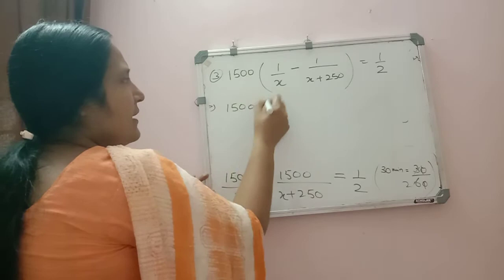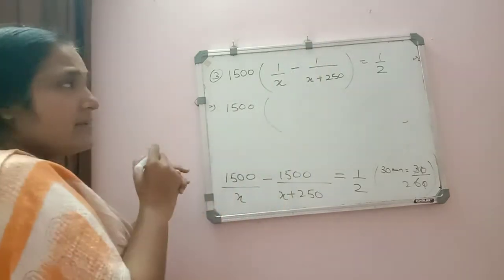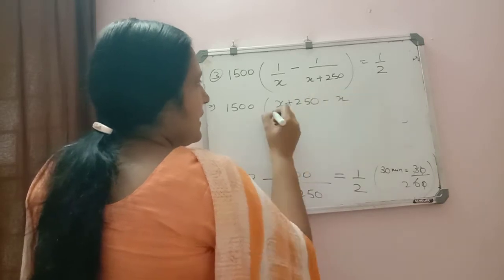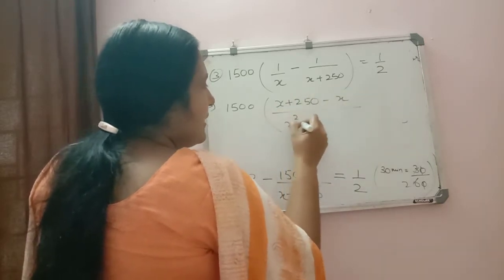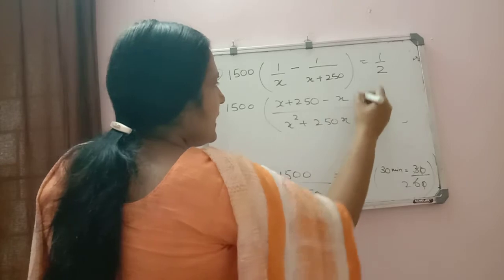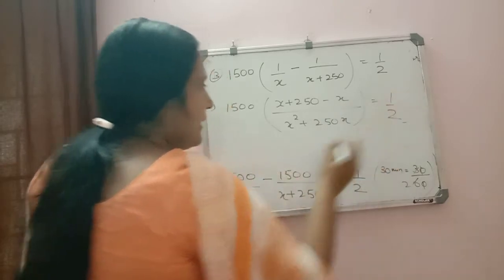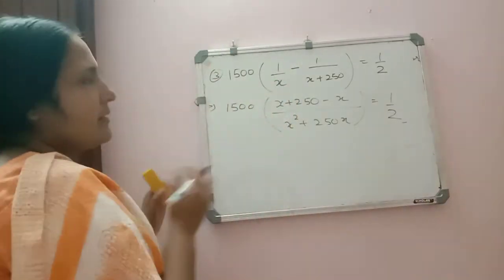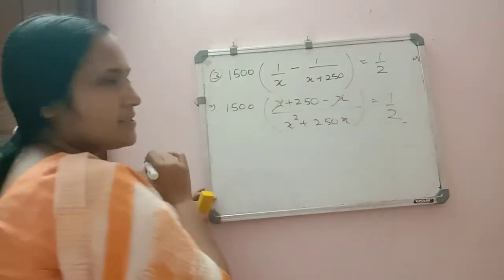So 1500 into, inside the bracket by cross multiplication, x plus 250 minus x by x square plus 250x is equal to 1 by 2. Here x and minus x get cancelled.